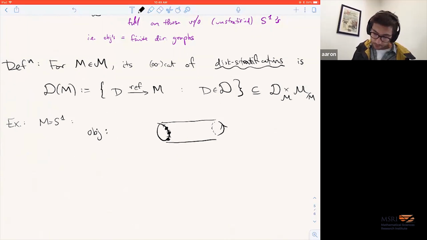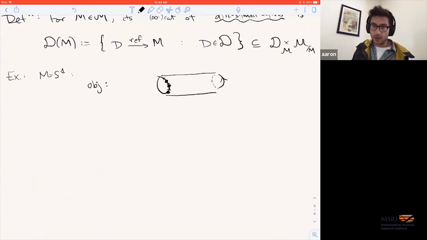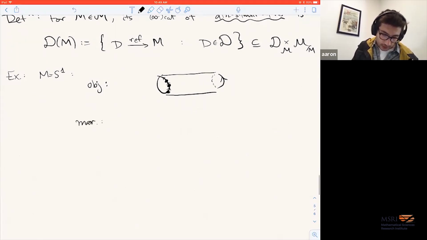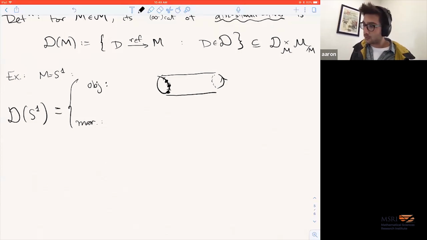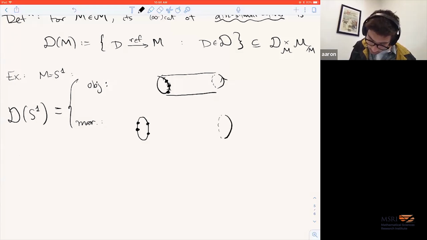And I'll just write the source here. There's not much data in the morphism itself. So I'm describing D of S1. A morphism in D of S1, let me just draw an interesting one. It's going to be from a circle with 4 dots to a circle with 3 dots.